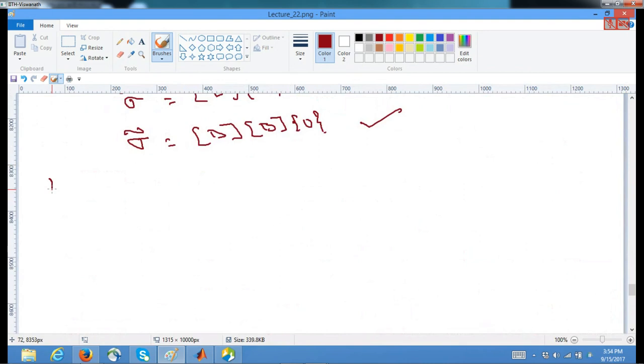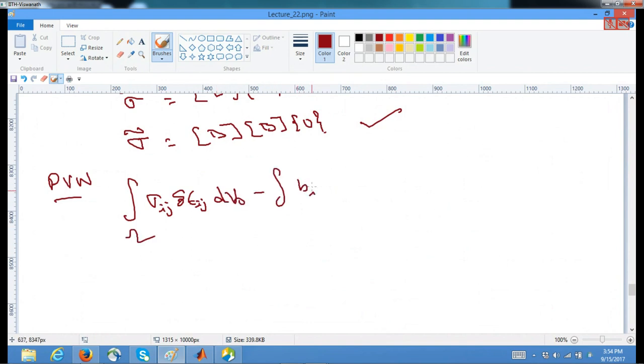The principle of virtual work is written as sigma ij delta epsilon ij dV naught equals b i delta v i dV naught plus gamma t i delta v i dA naught.